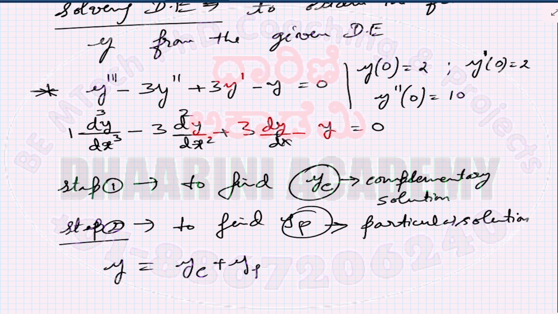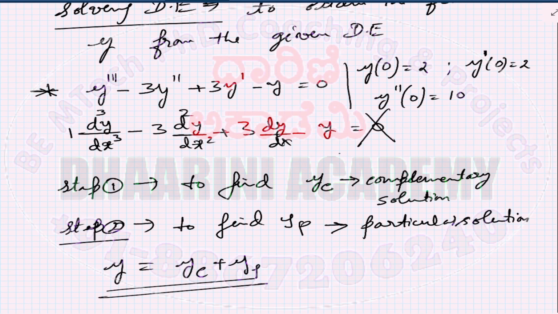You find yc and yp separately, then add them together to get the total y. This y is what we call the solution of the given differential equation. But if RHS is not given, no need to worry, only yc is there, because yp will be 0 in that case. This is the way you solve.